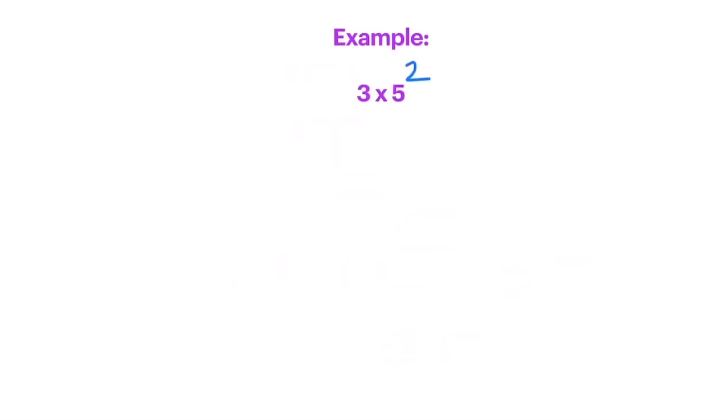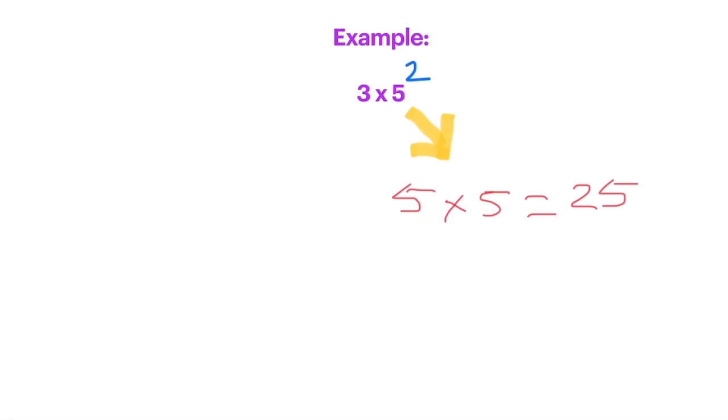Now look at another example. You can notice here the exponent form. So according to BEDMAS, we need to simplify the exponent first. 5 times 5 equals 25.